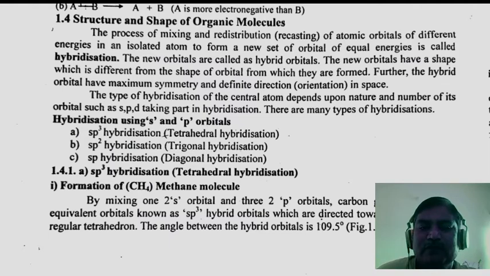So two atoms, whenever combined with their atomic orbitals and again redistributed, then we get hybrid orbitals from atomic orbitals.